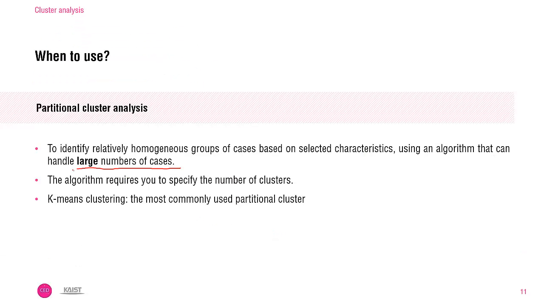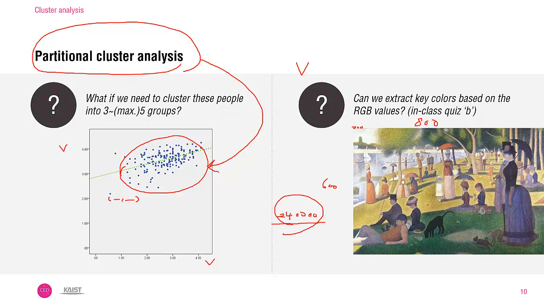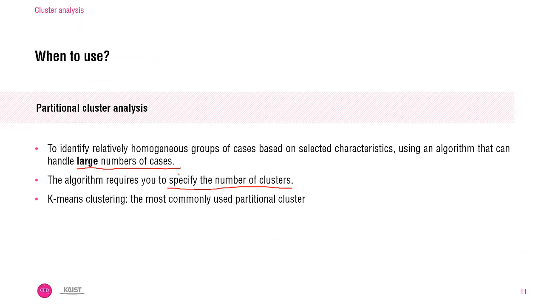So when you need to handle a very large number of cases, the dendrogram is not a clever way to present the clustering pattern of your cases. And secondly, when you already have to specify the number of clusters, the partitional cluster analysis requires the number of clusters in advance. So when you have to cluster these people into 4, then you can assign 4 before you perform the partitional cluster analysis.